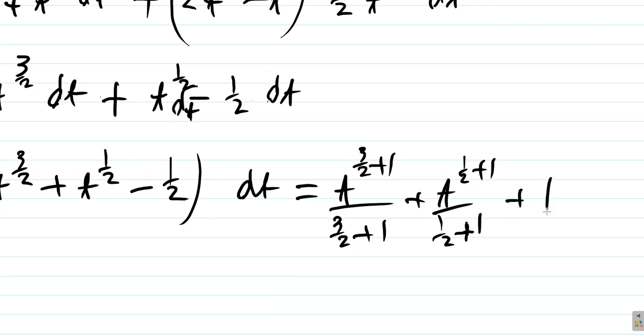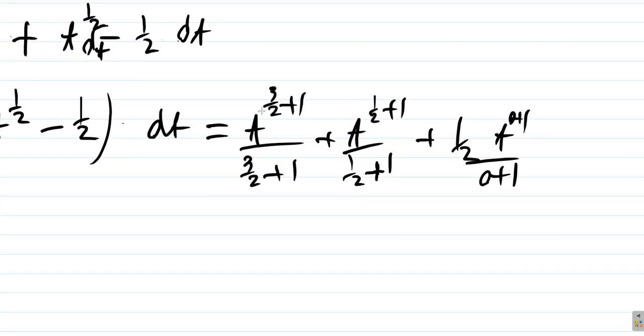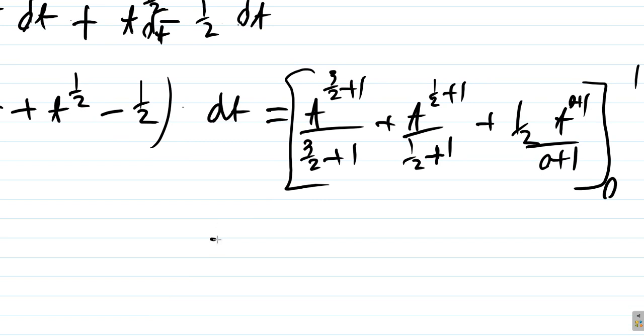Plus half t to the, remember this was t to the 0, so this is now t to the 0 plus 1 over 0 plus 1. Although I expect you to remember that. All of that. Well, you're going from 0 to 1, right? From 0 to 1. So this simplifies to what?